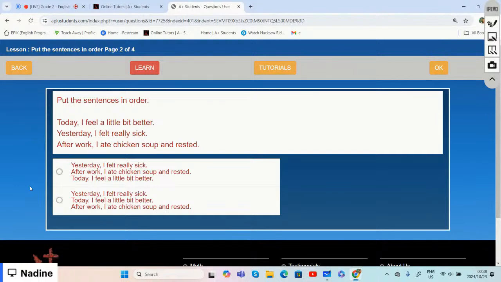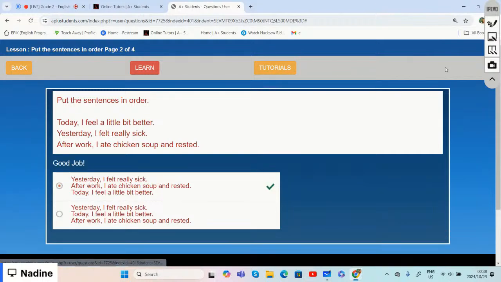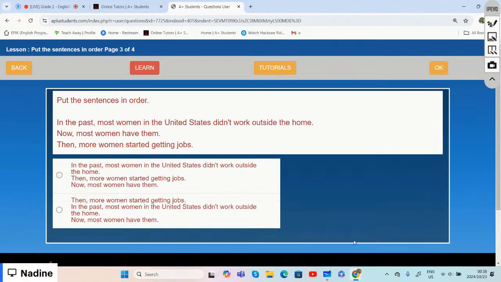All right. So the first one says, yesterday I felt really sick. After work, I ate chicken soup and rested. Today I feel a bit better. This one is a bit confusing, but let's try. All right. And the first one is correct. We need to put the sentences in order.